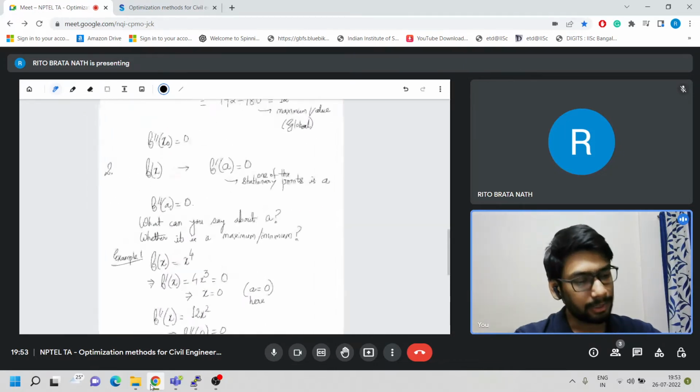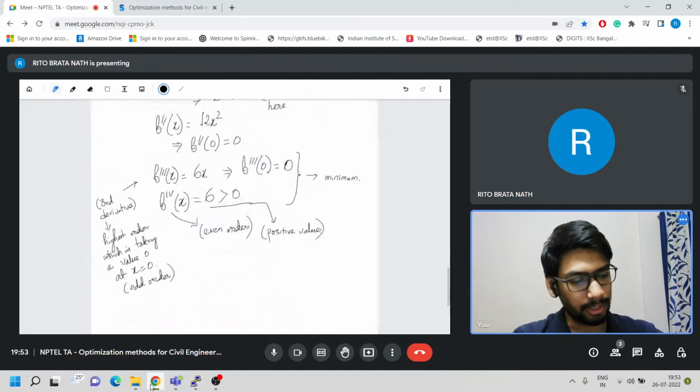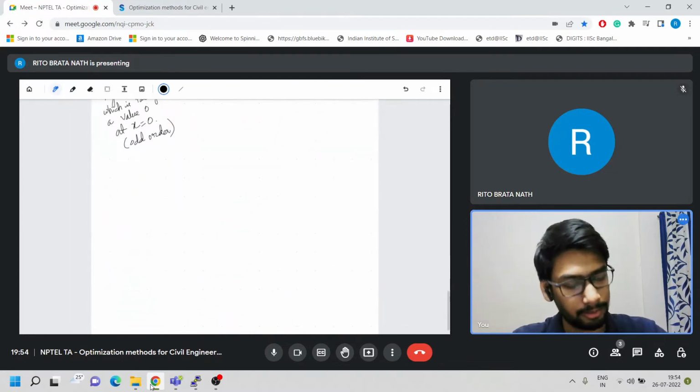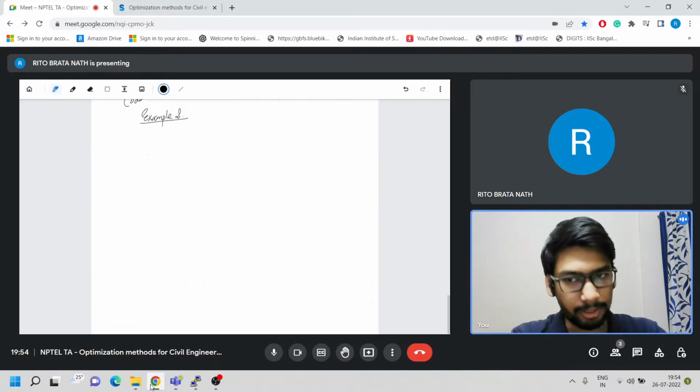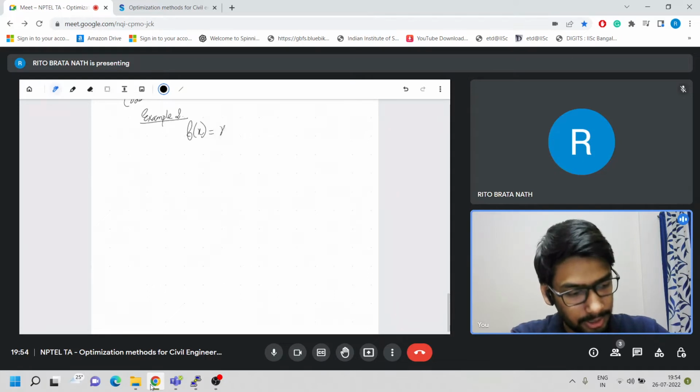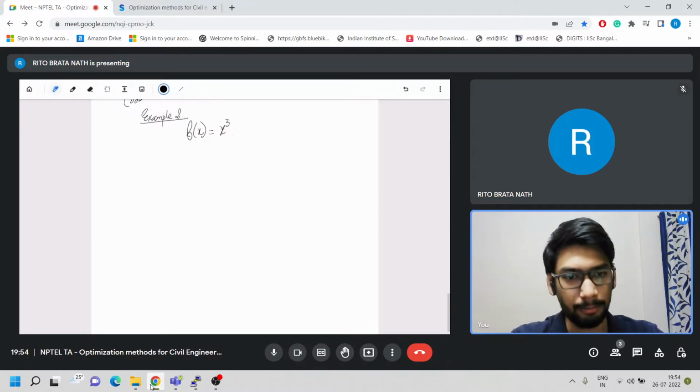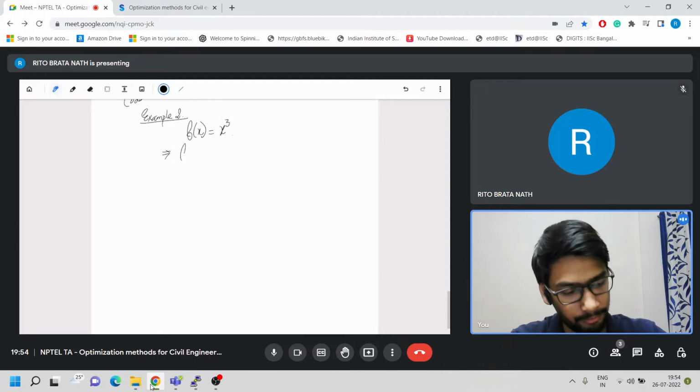Now let us take another example to understand this problem a little better. Example 2: suppose your f(x) now is x cubed. What can you say about this function having a maximum or minimum? Let's take the first derivative.